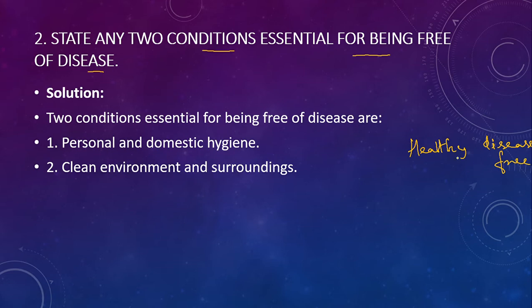So when we come across these two words, what does this mean? One means that you are 100% fit, and another means that you are like 70 to 80% fit. I am giving you an example.